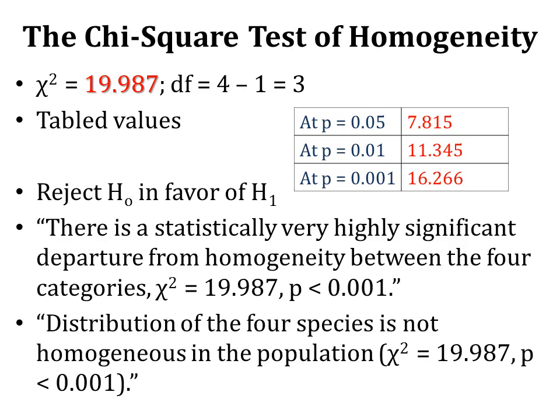This is another way to state our results: the distribution of the four species of Dixella is not homogeneous in the population, in the community, stating the chi-square value and the probability of significance. So this is how we do the chi-square test of homogeneity, and this is how we state our results.